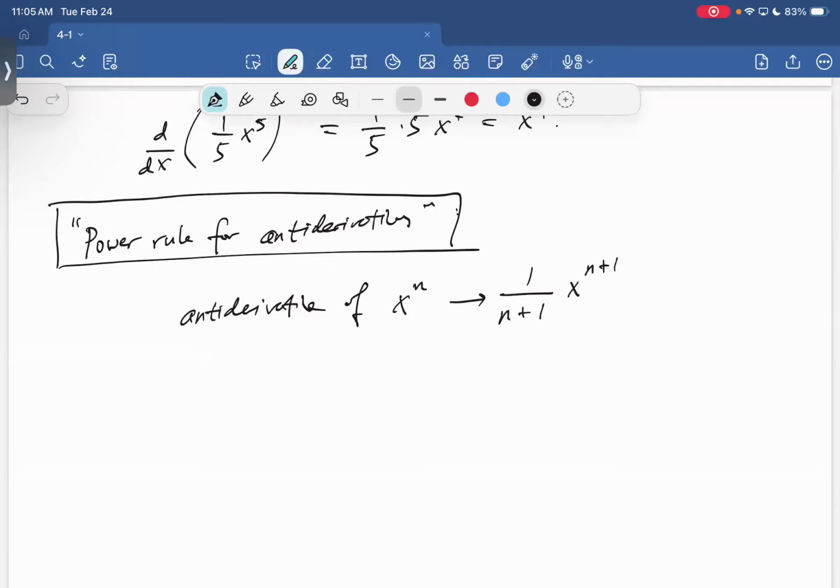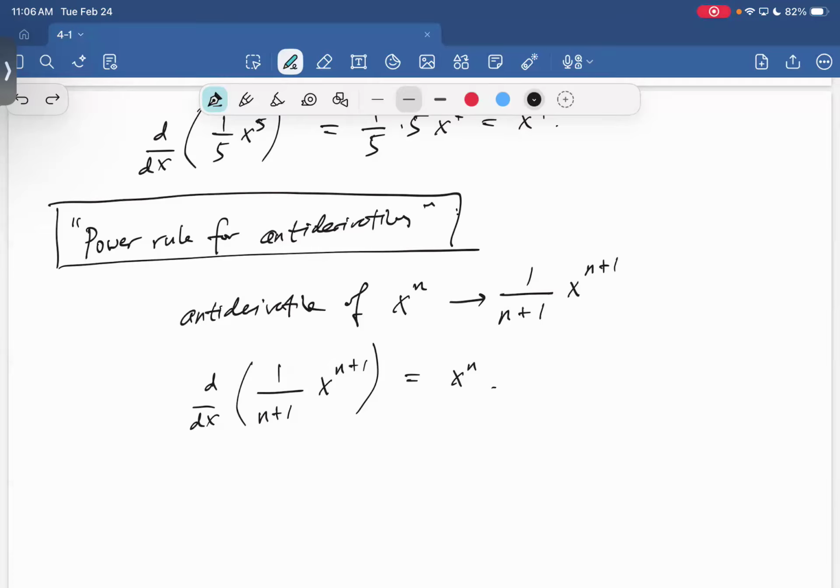You can confirm that easily because the derivative of 1 over n plus 1 times x to the n plus 1 is just x to the n. Because we bring the power out and multiply the coefficient by that, and then the power is reduced by 1 for the derivative. But for the antiderivative, it's the reverse. The power increases by 1, and we multiply by the reciprocal of this power. We're going to start with this for now.